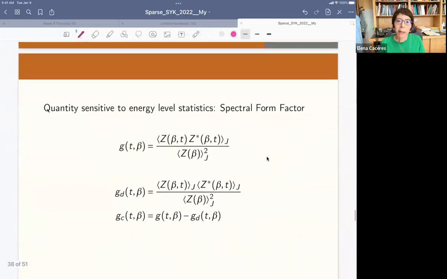And the quantity that is sensitive to this level statistics is the spectral form factor, defined like this. This spectral form factor has a disconnected part and a connected part, right?